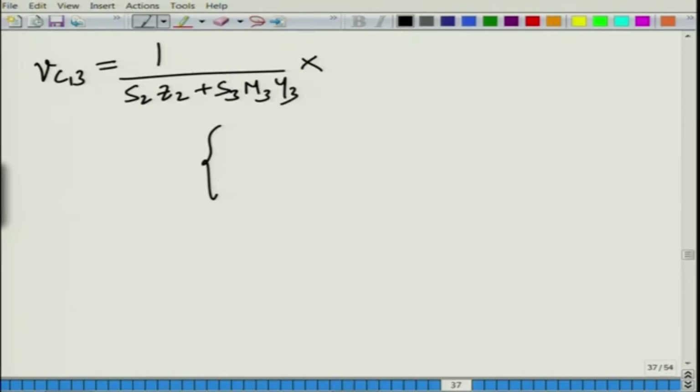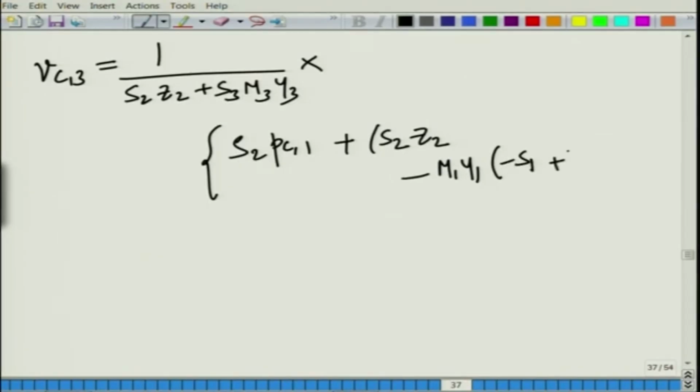So, C2 is 1 and S2 is just S2 PC1 plus S2 times Z2 minus M1 Y1, and C1 is minus 1. So, minus S1 plus K S3 VC1.